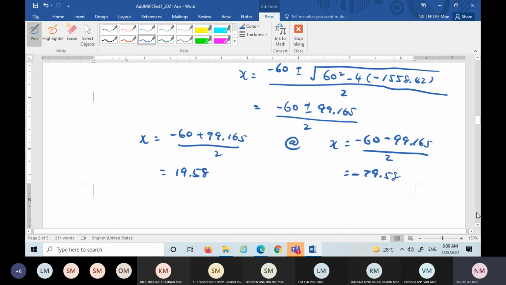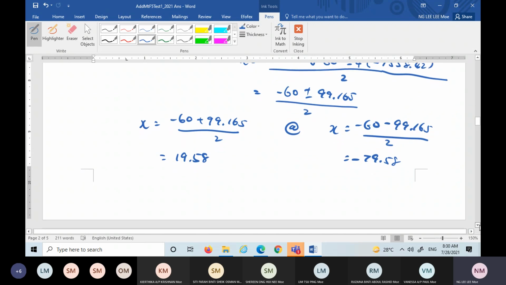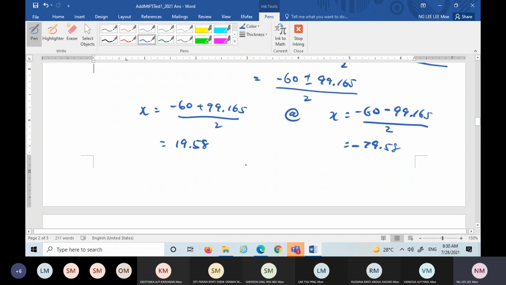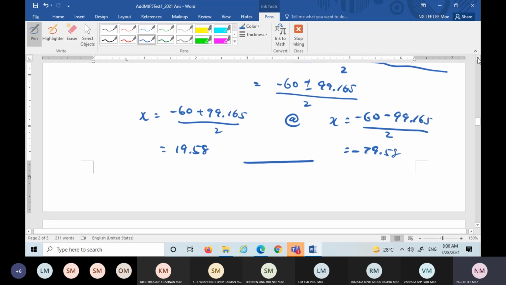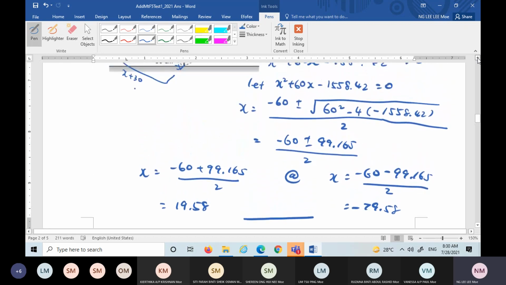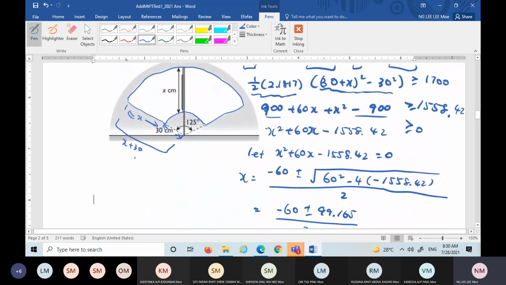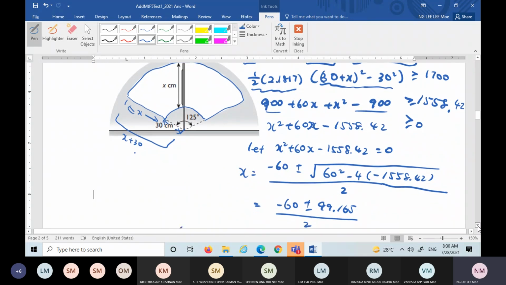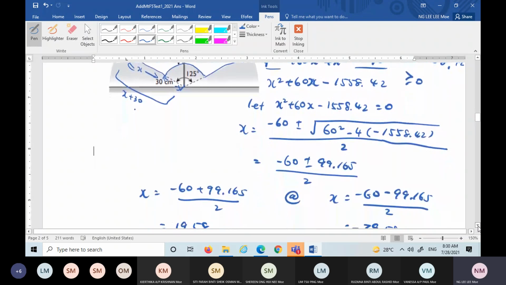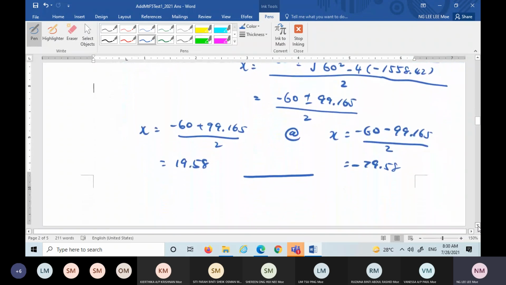Then remember, once you get the two roots, you have to draw the graph. Is it a smiling face or a sad face? Let us go back to the quadratic. Here the A is 1, so it's a smiling face. Then the whole thing should be greater than 0, above the x-axis.